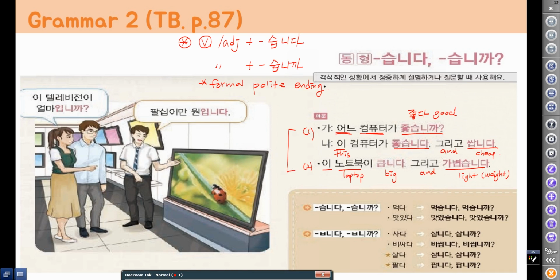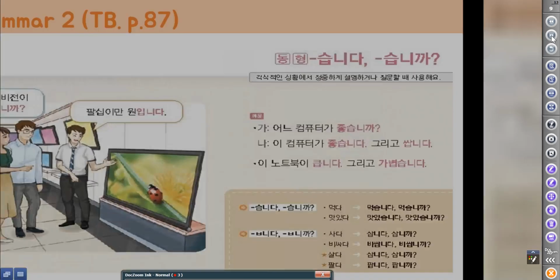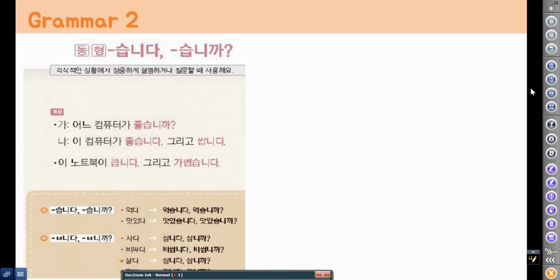Very formal. So let's take a look at the conjugation. Here, for verb and adjective, let's do the statement first. 씁니다 or 비읍니다.